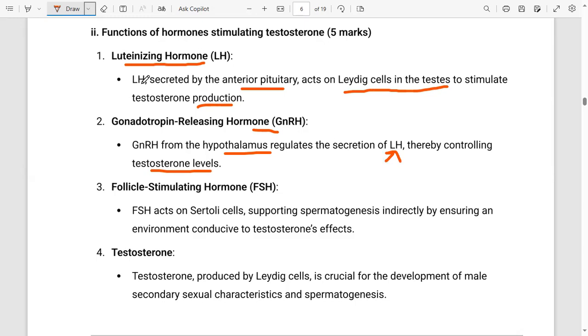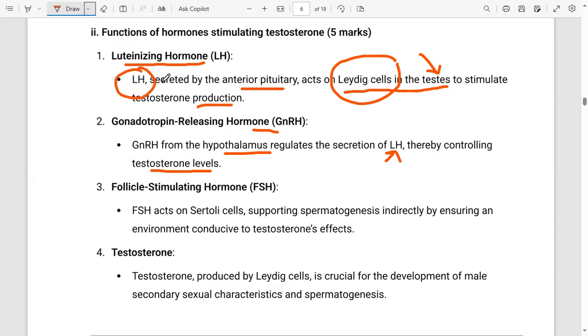Remember, we said this luteinizing hormone acts on the Leydig cells found in the testes to stimulate the production. And what this gonadotropin releasing hormone does is regulate the secretion of this guy here.